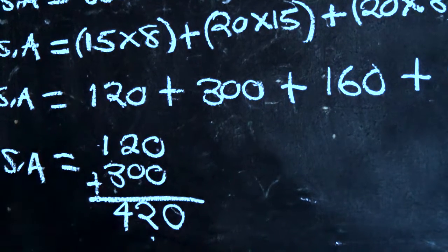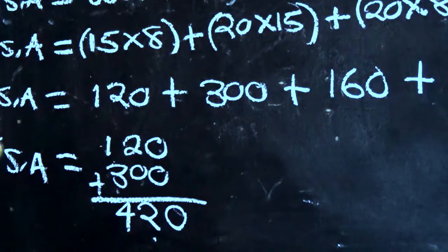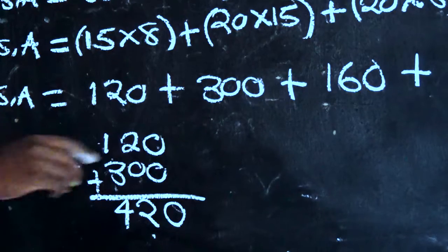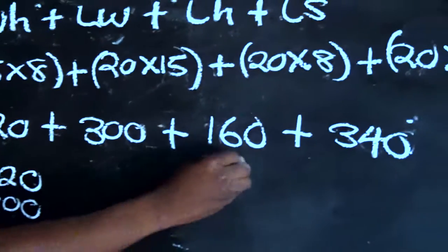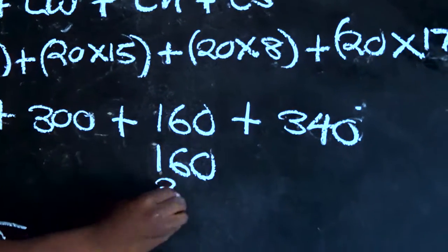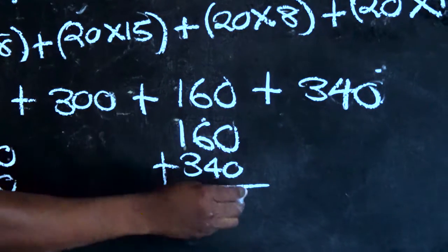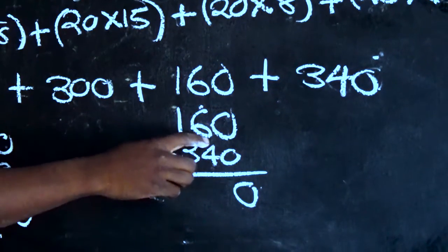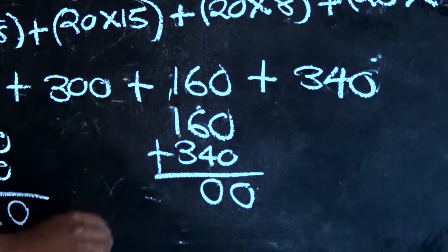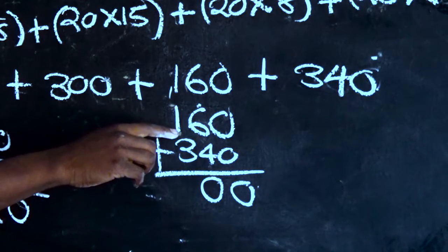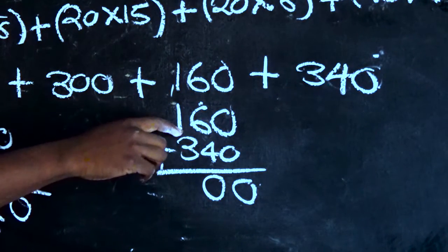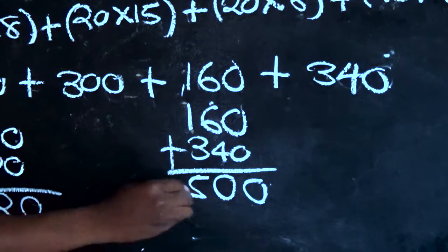So we have 420, that is 120 plus 300. Then we can also add this one, right? 160 plus 340. Are we together? 0 plus 0, 4 plus 6, 10. 0 carry 1. 1 plus 1, 2, plus 3, you get 5. So we have 500.